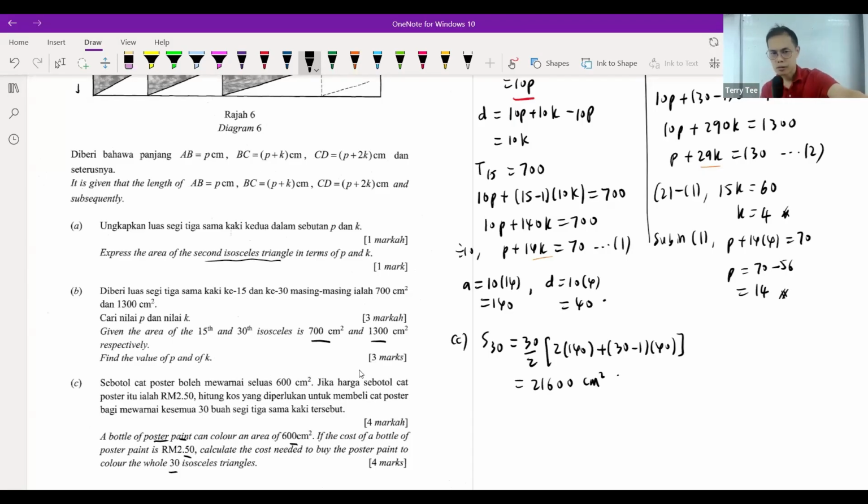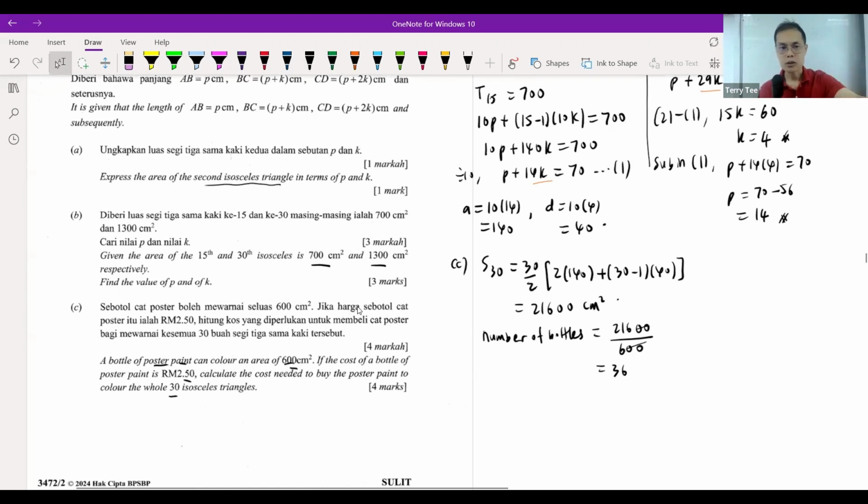Now, one bottle, you can color 600 square. So how many bottles do you need, right? Your number of bottles will be 21600 divided by 600. Basically, it's 216 divided by 6. That will give us 36. So you need 36 bottles, right?